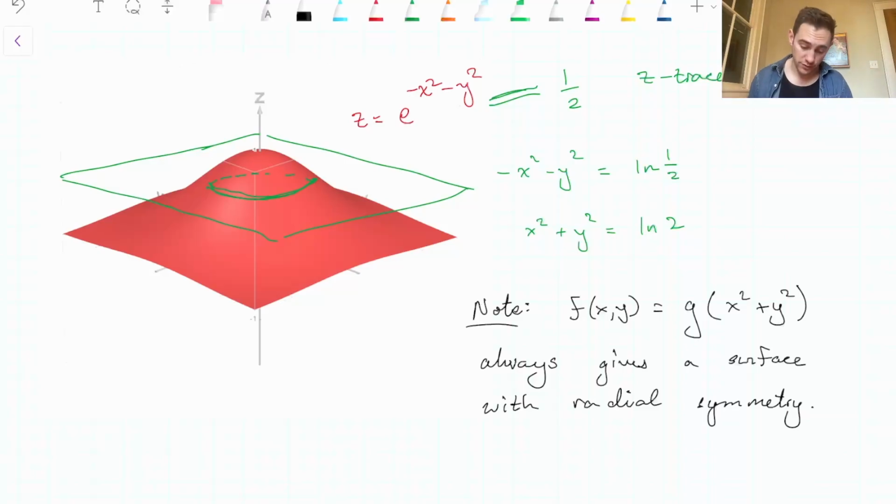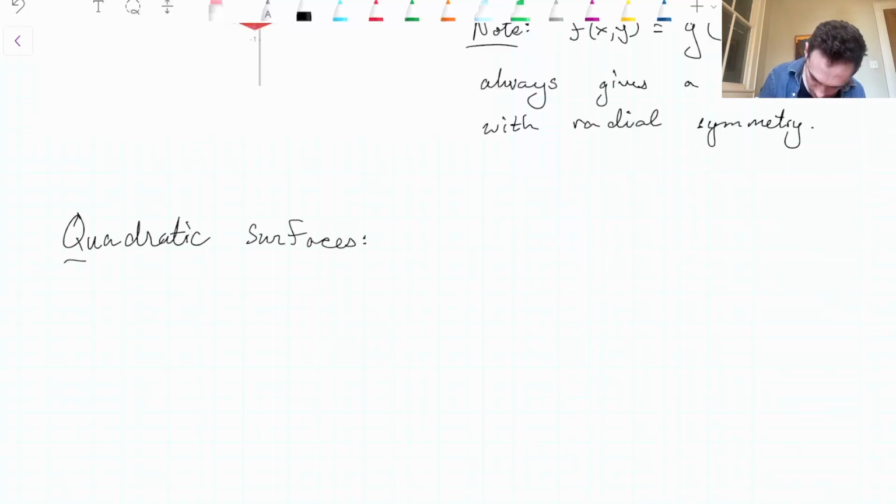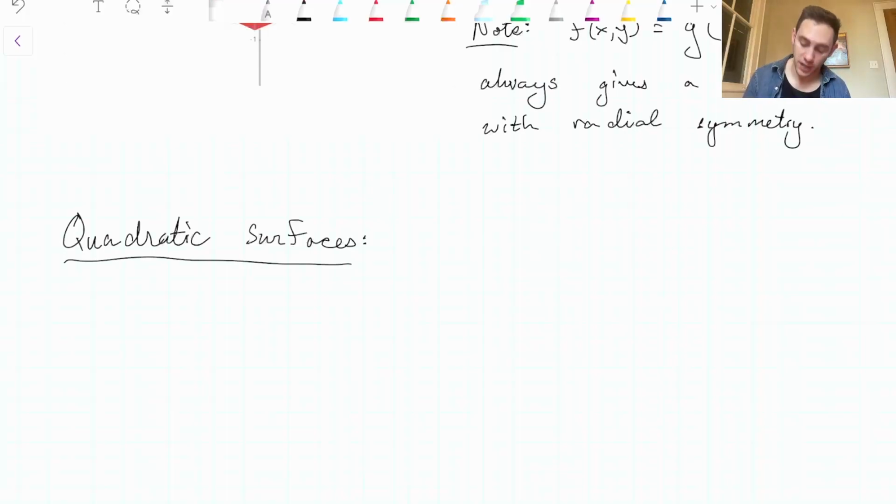And you've already met a few of them. The quadratic surfaces are terms with degree less than or equal to 2.